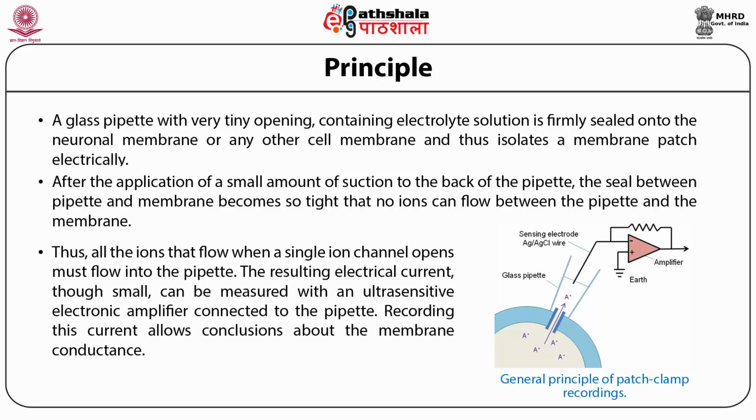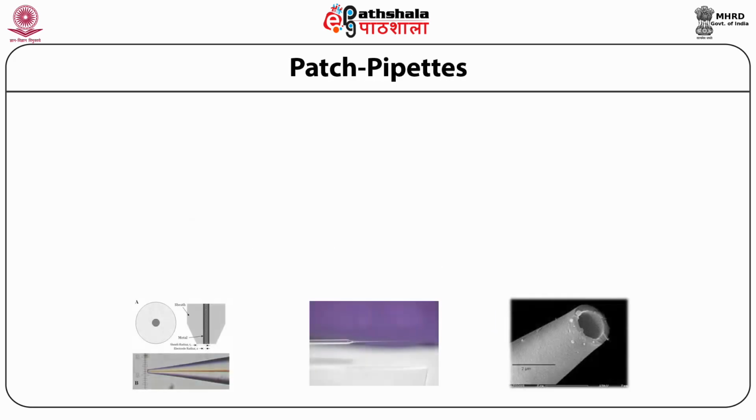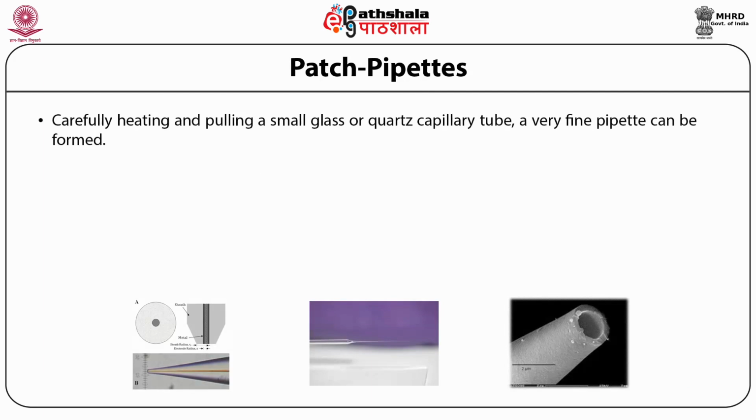recording electrode. Patch pipette. Patch pipettes are the most important part of any recording. These can be made by carefully heating and pulling a small glass or a quartz capillary tube. A very fine pipette tip can be formed.